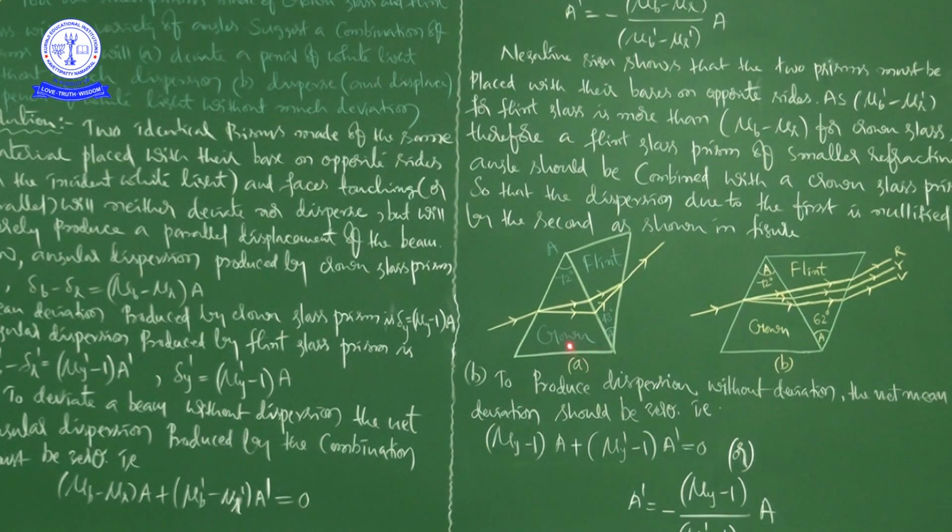So either in case A or in case B, what we discussed to achieve deviation without much dispersion or dispersion without much deviation is not accurate, because of adjustments involved for many colors. White light means not only 3 colors, not only violet, yellow or red. There are 7 colors, VIBGYOR, from violet to red. Because of many colors, these are not accurate to get the conditions he is asking.